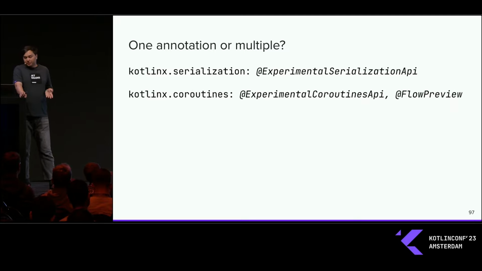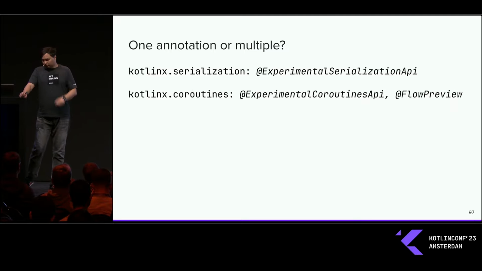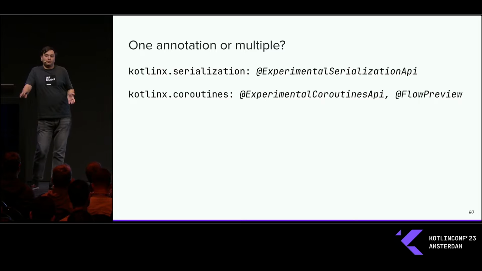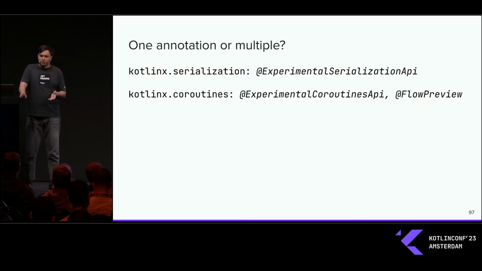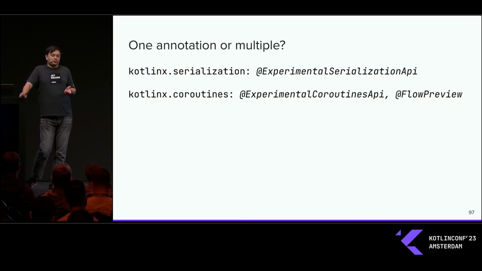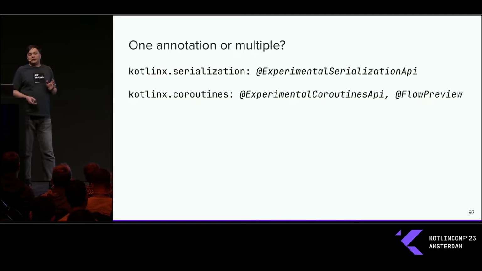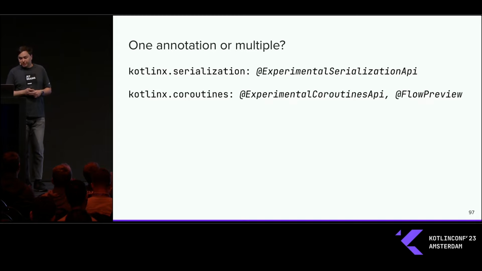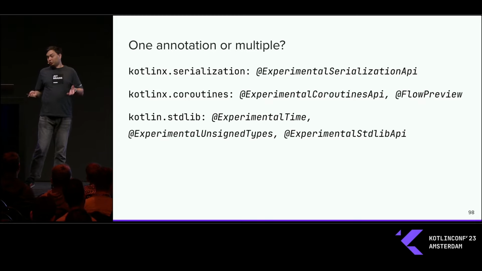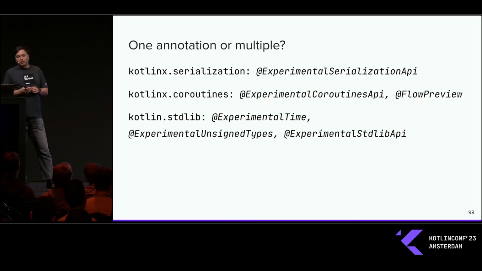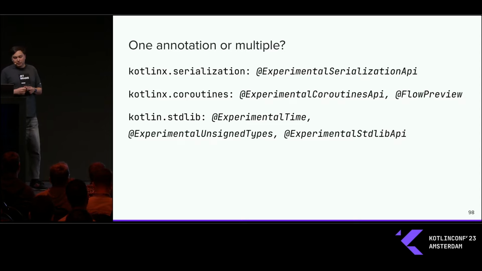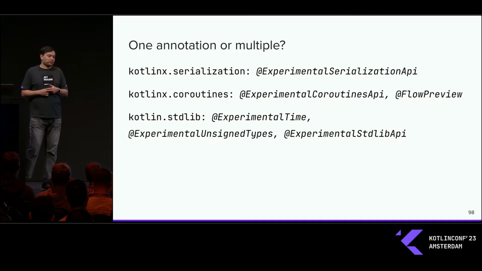In Kotlin coroutines, for example, there are two of them, the experimental coroutines API and flow preview, because flow was a big separate feature that didn't depend on experimental coroutines API, and it had its own evolution path and wasn't really related to it. And in Kotlin stdlib, we have various different flavors of experimentality, like experimental time, experimental unsigned types, experimental stdlib API.